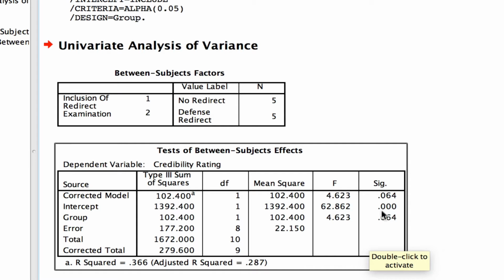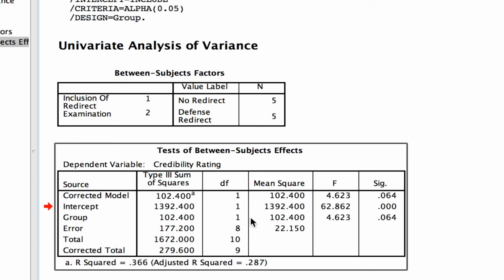And for the effect of our independent variable, it's 0.064, so it's just more than 0.05, so not quite significant. The important thing to bear in mind here is that what we're looking at is our mean square for our experimental effect divided by our mean square error.